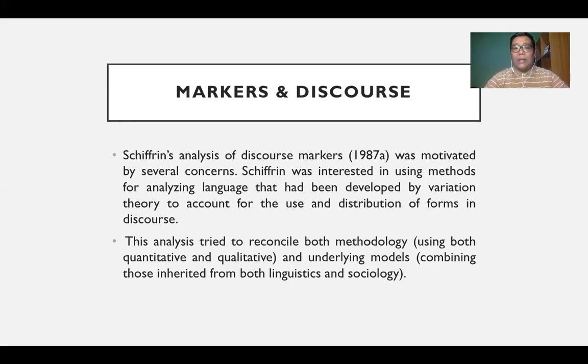This analysis tried to reconcile both methodology using both quantitative and qualitative and underlying models, combining those inherited from both linguistics and sociology. Now, what makes the model or framework of Schiffrin totally different from the rest of the perspectives is the fact that this is actually an attempt to reconcile methodologies which are quantitative and qualitative in nature.